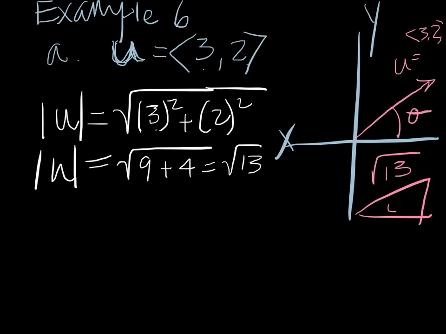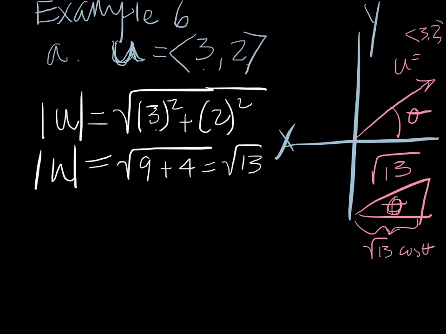They want to find this theta, the directional angle that it makes with the x-axis. There's a couple ways I can do this. One of the ways is trig. We know that this length right here would be the square root of 13 times cosine of theta.